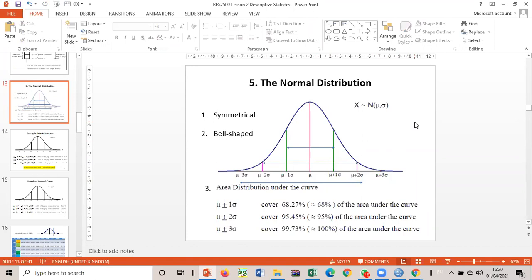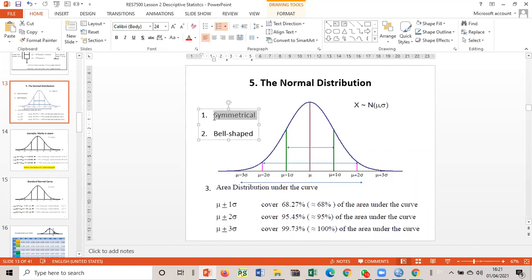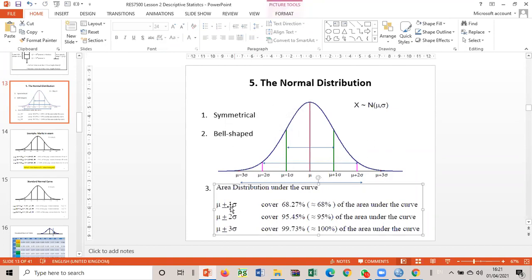So if I ask you, what are the characteristics of a normal distribution? Number one, it must be symmetrical. Number two, it must be bell-shaped. Number three, the area under the curve within mean plus or minus 1 standard deviation must be this, 2 standard deviations must be this, 3 standard deviations must be this.